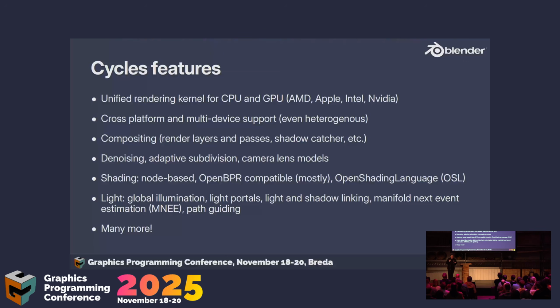It integrates with denoising algorithms, and custom camera lens models and things like that. The shading system is node-based. It's mainly OpenPBR compatible; there are still some differences which we're working on eliminating. Additionally, we also have a backend for Open Shading Language. And of course, when it comes to light, it's full global illumination with light portals, light and shadow linking, all sorts of tricks. And of course, there are many more features. The slide is not big enough to cover all of them.